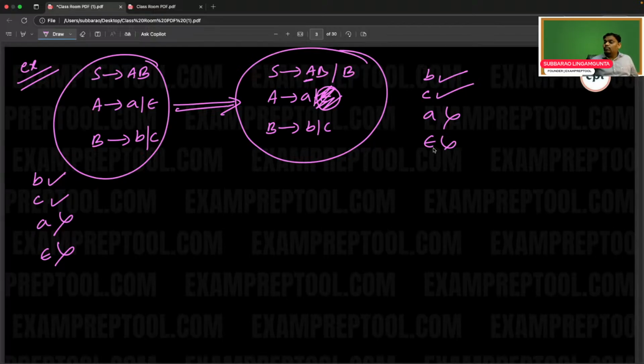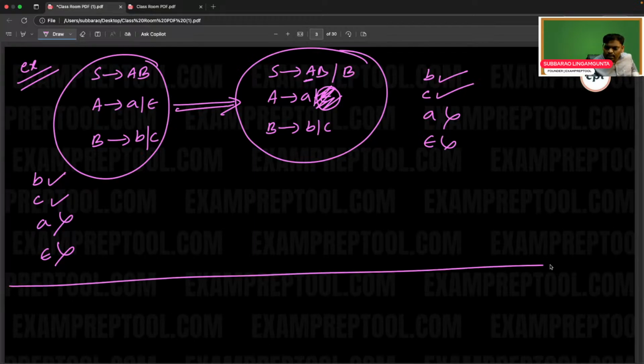So sometimes they both may not be equal, but the difference is maximum epsilon. But if you want, you can see this example. The example which I have given here, no difference at all. Both are same. So let me write now. It is G1. Language of G1, assume that L of G1. Assume that it is G2.